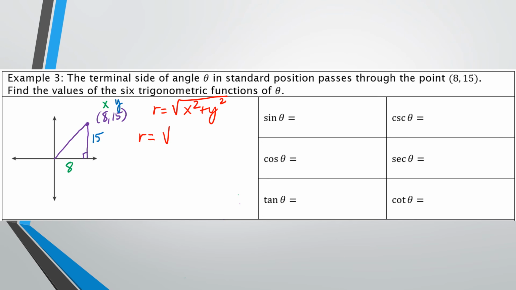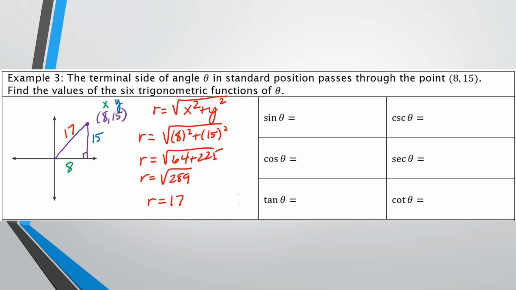I would have the square root of 8 squared plus 15 squared. 8 squared plus 15 squared would be 64 plus 225. If you add those together, you get 289, and the square root of 289 is 17. No more square root, because 289 is a perfect square. So I'm going to label this as 17 now. All right, so we are all set.